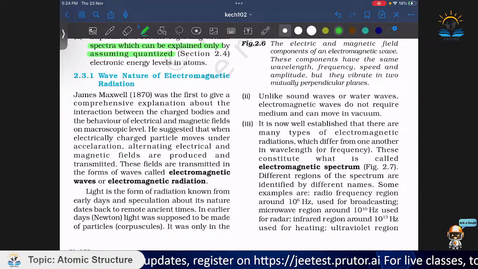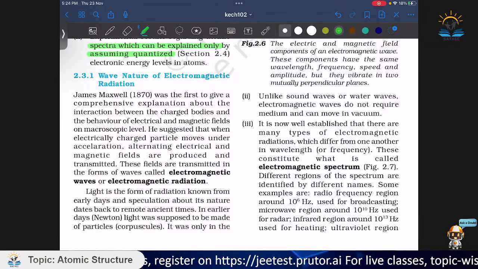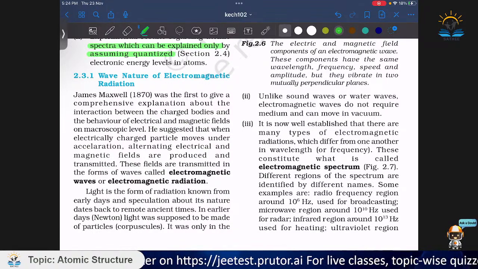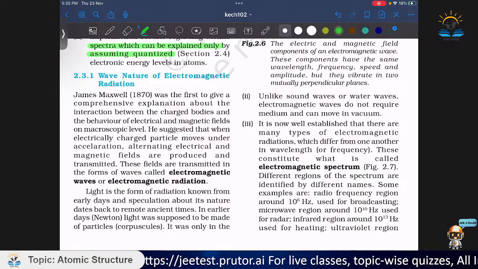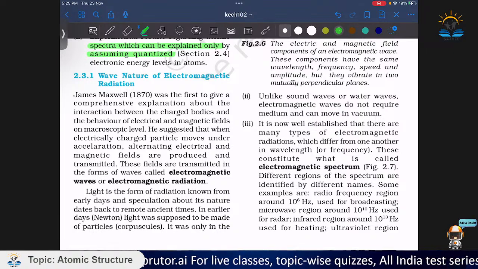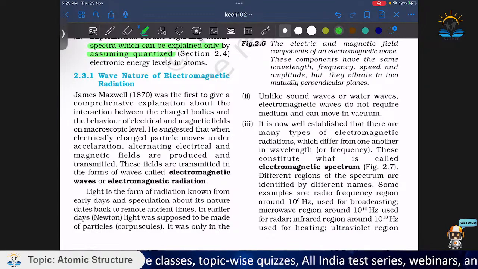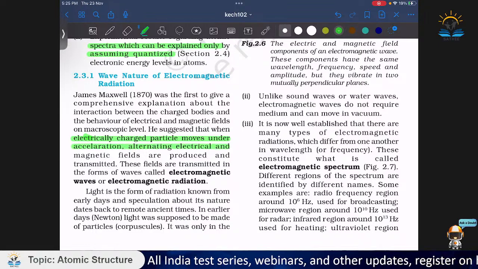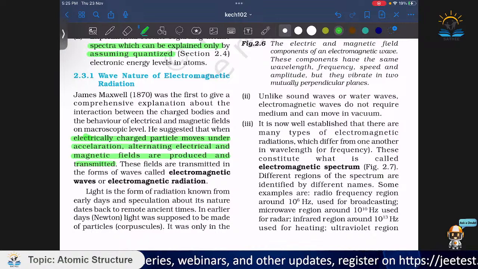First, we'll see the dual nature of matter, the wave nature of electromagnetic radiation. It was discovered by Maxwell, who gave an explanation that charged bodies interact and that the behavior of electrical and magnetic fields is seen on a macroscopic level. He suggested that when an electrically charged particle moves under acceleration, alternating electrical and magnetic fields are produced and transmitted, which I just told you: if a charged body is accelerating, it will produce electromagnetic waves.